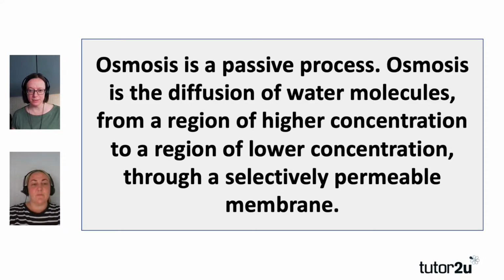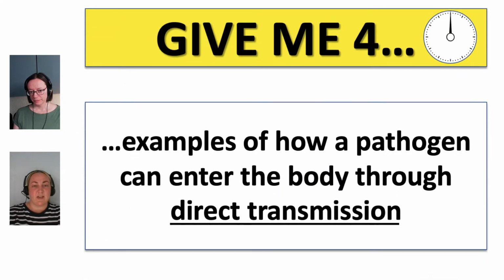Osmosis is when water molecules diffuse from a region of higher concentration to a region of lower concentration through a selectively permeable membrane. So after this, make sure you go and revise the terms diffusion, osmosis, and active transport. Just be really clear in your mind about what each of those terms means. You could even write these definitions down on some flashcards. Yeah, that would be a great idea.